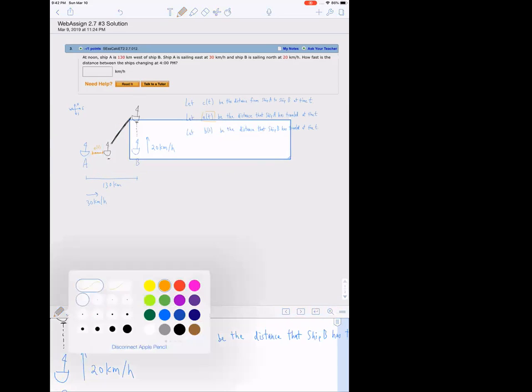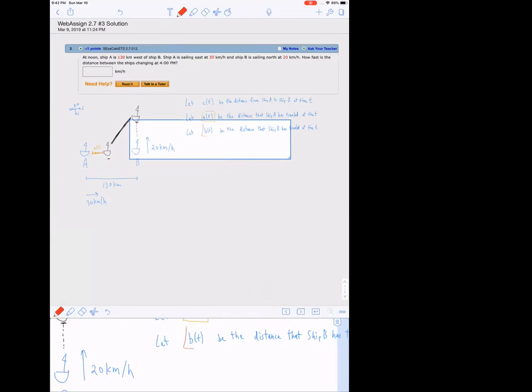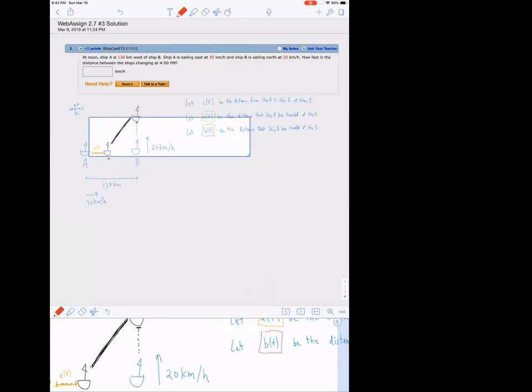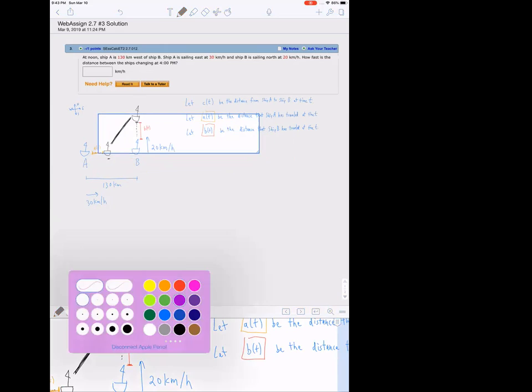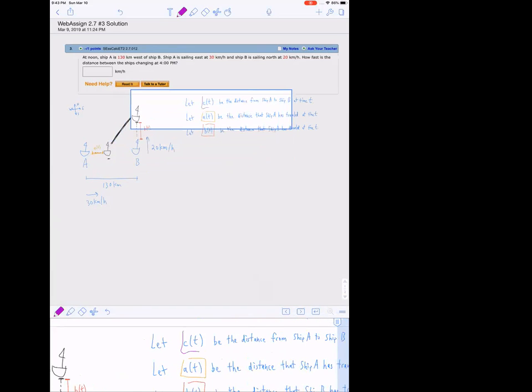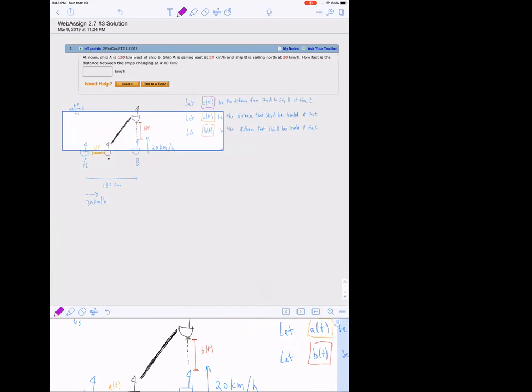And maybe in red, we will let B of t, well, that's going to denote the distance that ship B has traveled from where it started to where it is at any given time t. So that'll be our B of t function. And finally, maybe in purple, we'll name this C of t, we'll indicate the C of t. That's this distance here.